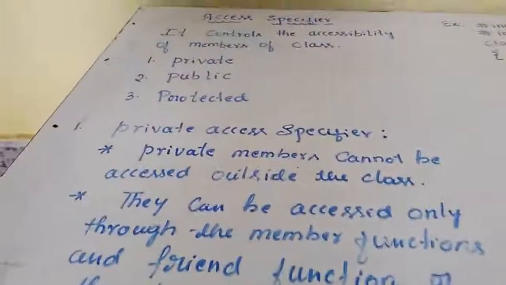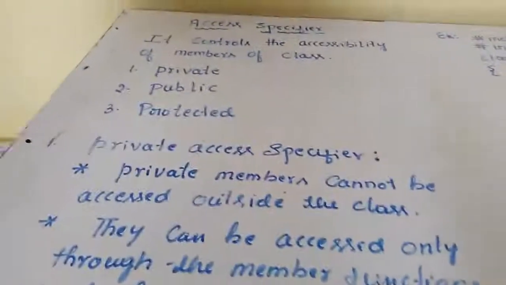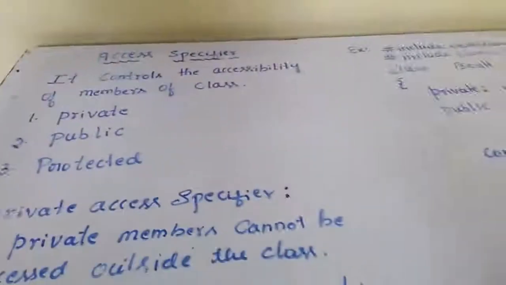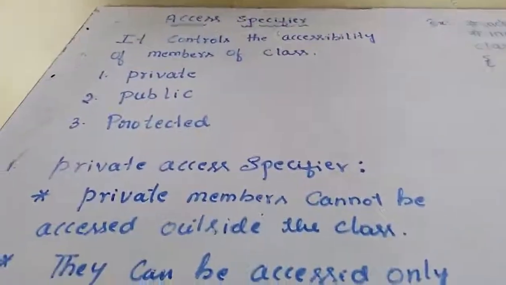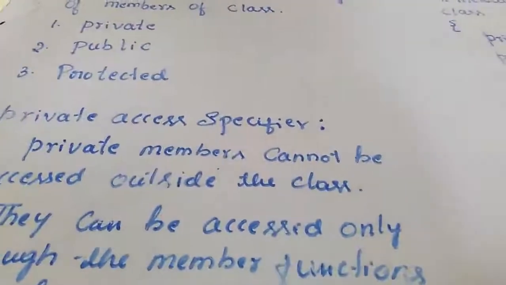Now I'm going to explain these concepts through a program. Right now we shall discuss only this point: private members cannot be accessed outside the class and can be accessed only through the member function of that class. On these 2 points I have written the program here. It is enough for the exam also.